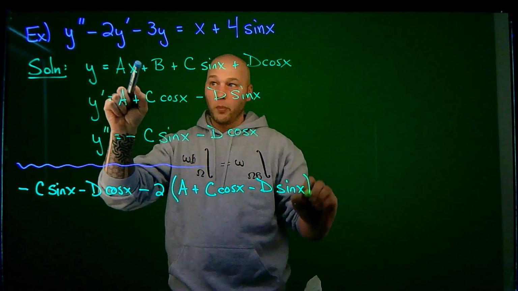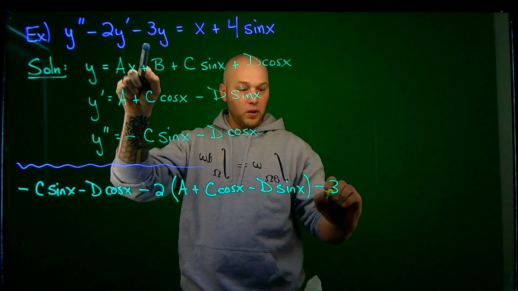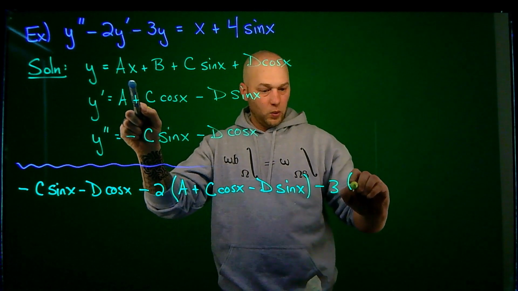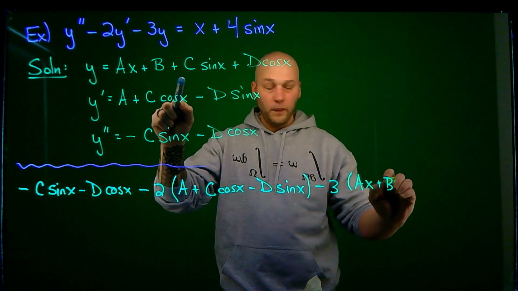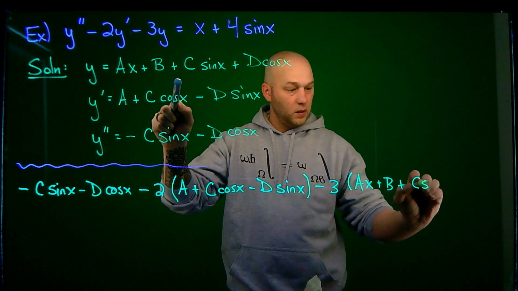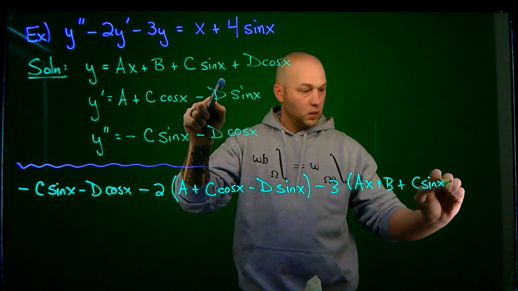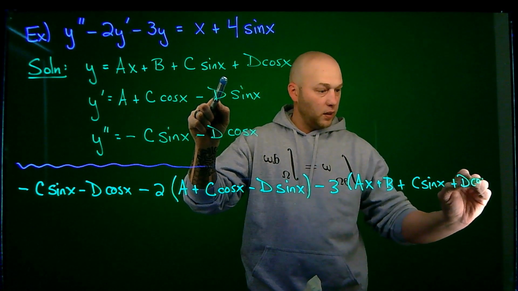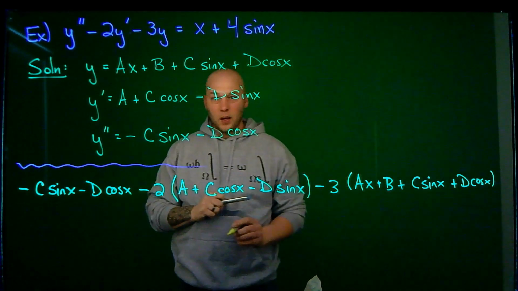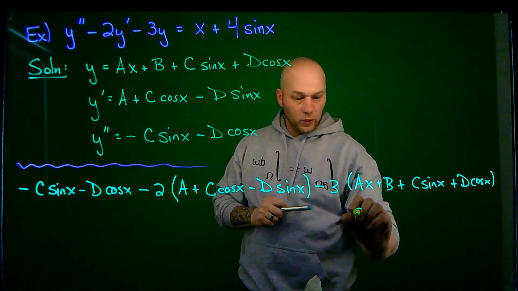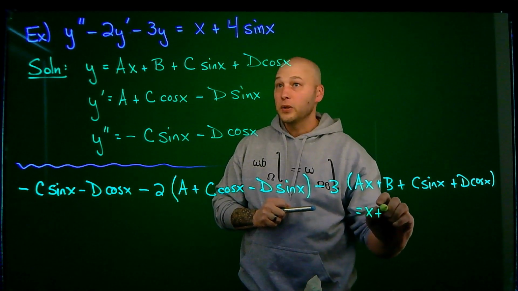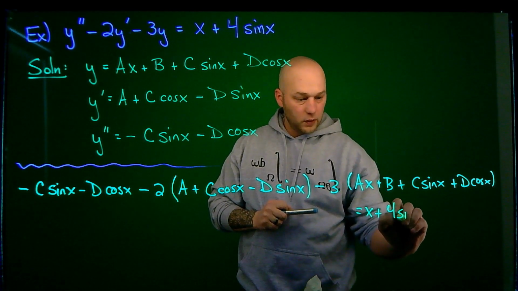Right, so there's y prime, minus 3 times y, which was ax plus b plus c sine x plus d cosine x. And that spans my whole board here, so I'll just put this down here. This is equal to x plus 4 sine of x.